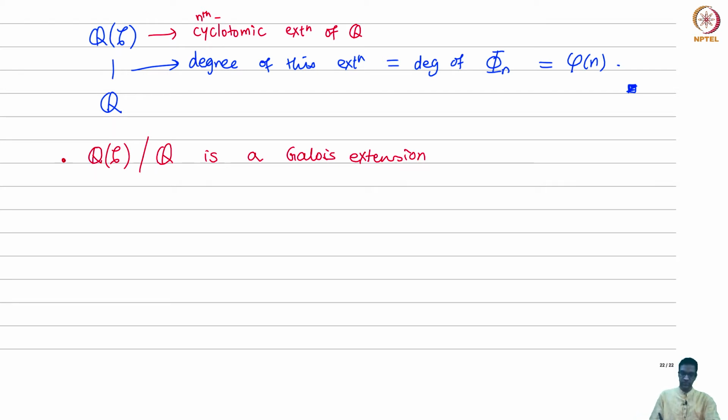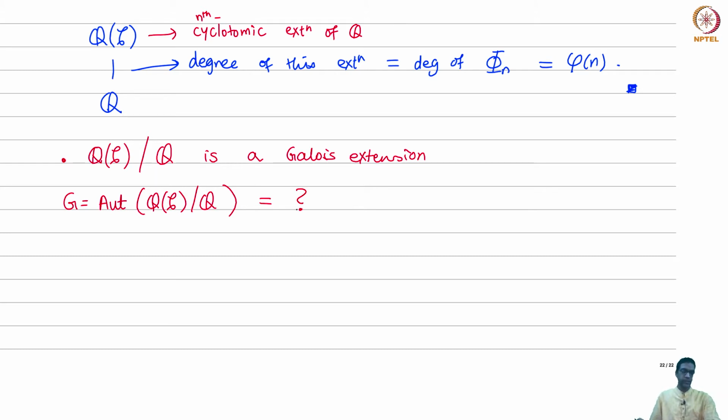Now, given that it is Galois, we want to understand its Galois group. In other words, what is the group of automorphisms of Q(zeta) over Q?